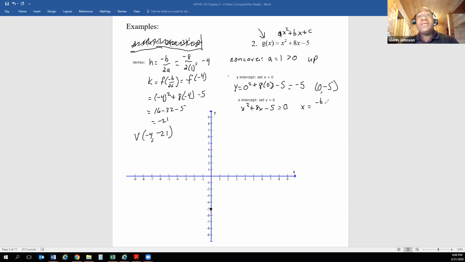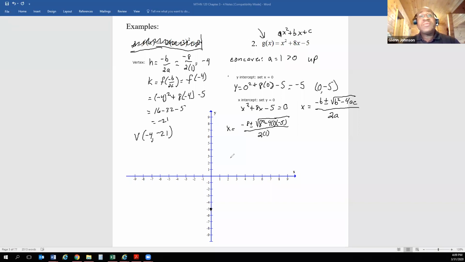That's equal to negative b plus or minus the square root of b squared minus 4ac, all over 2a. So now if we apply the formula in this problem, we have x equals negative 8 plus or minus the square root of 8 squared minus 4 times 1 times negative 5, all divided by 2 times 1.